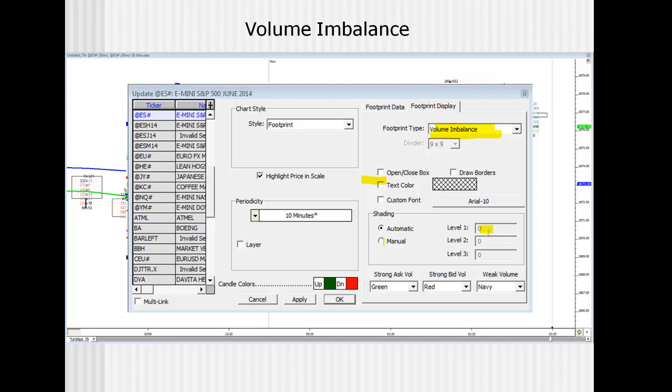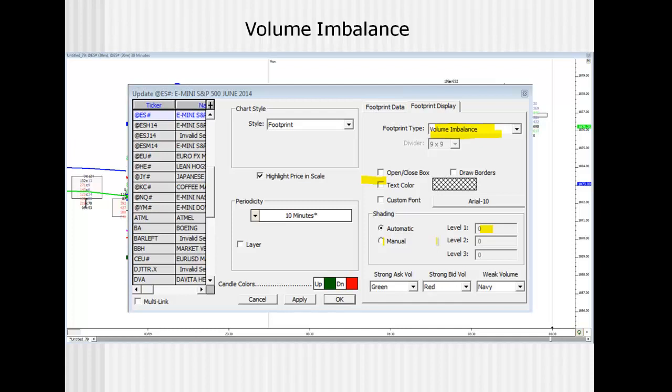You could adjust it to whatever other percent you want. That has to do with, again, personal preferences and styles of trading. But I find I want to see even an imbalance that's 30% off. I don't want to leave the threshold as high as 40%. Certainly, the greater the imbalance, the more powerful it is in terms of the impact on price movement.